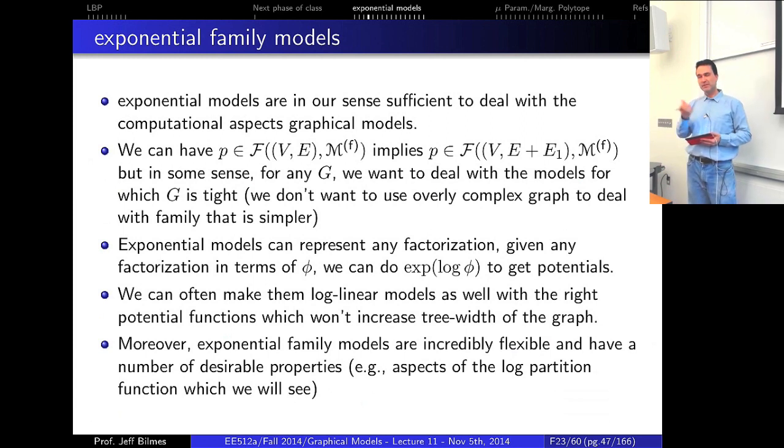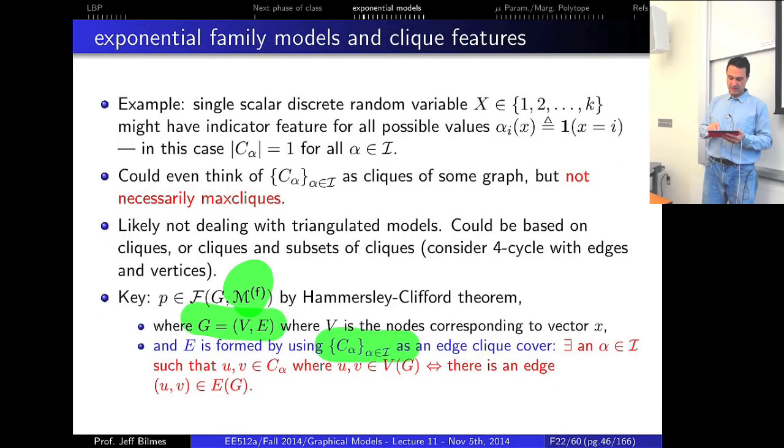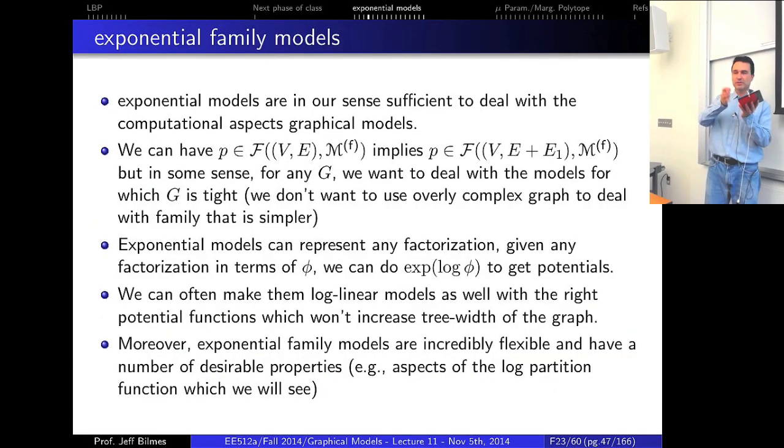And interestingly enough, it should also be clear that any factorization property in a Markov random field can be respected by an exponential model, depending on what these phi functions are. So, if you take the phi functions, going back to this vector, and we just take exp of each one of them, then those are the factors. This is a little bit of a mixed notation from the old notation and the new notation.